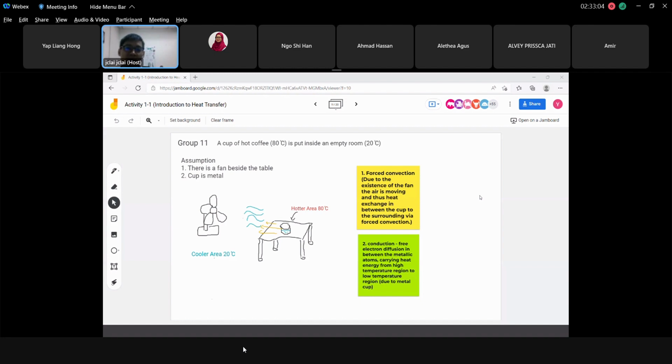Okay, let's now assume this room consists of 4 walls and a ceiling and the floor. So now when we talk about radiation, there must be two reference points. The first reference point is the outer surface of the cup. Then the second reference point is where?